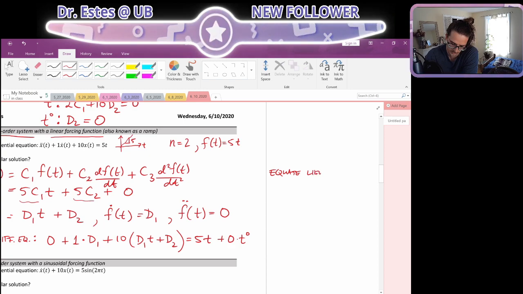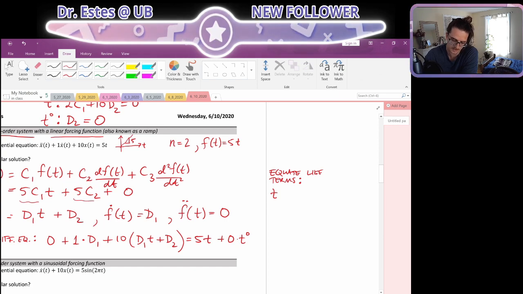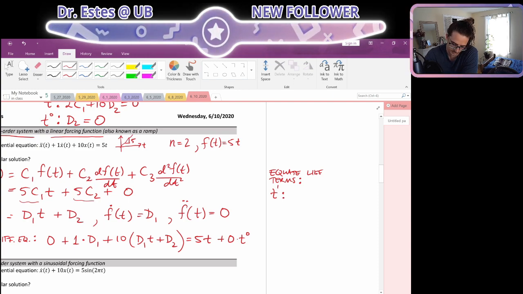Okay, we're going to equate like terms. So let's do just t, or that's the same as t to the 1. On the left-hand side, I have 10 d1 times t. And on the right-hand side, I have 5 times t.